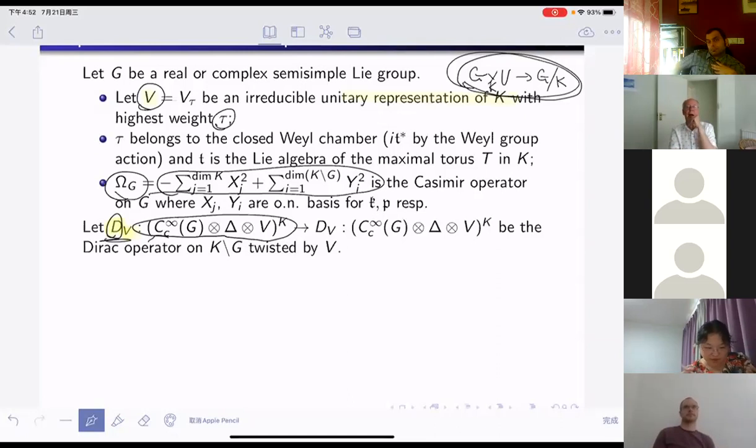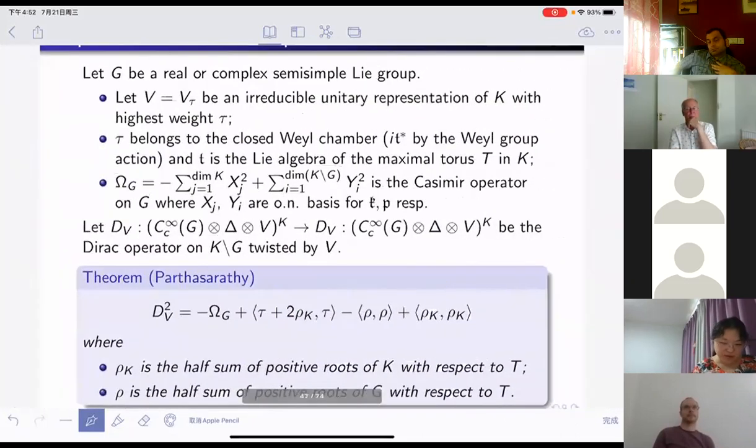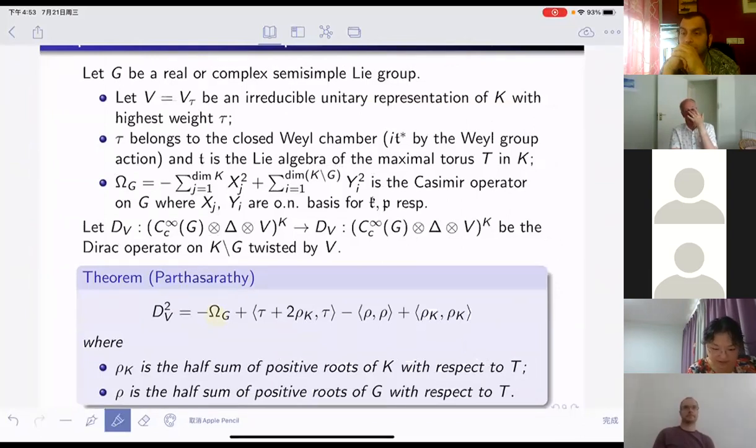So with these two notations, we can talk about the square of this twisted Dirac operator. And the square of the twisted Dirac operator is simply given by minus the Casimir operator plus the inner product of tau plus 2 rho K with tau, and the inner product of rho with itself, and plus the inner product of rho K with itself.